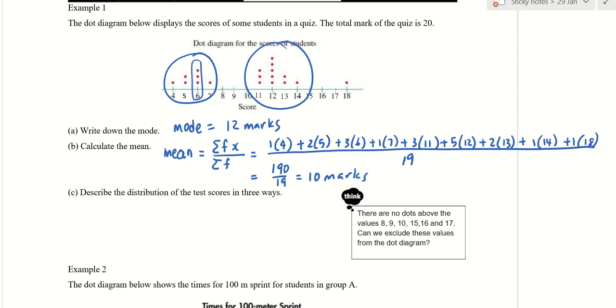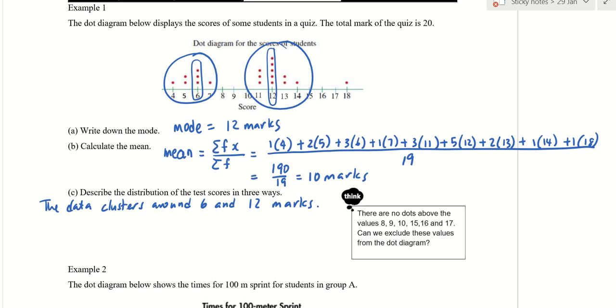Somewhere in the center, we have a mode, so that is 6. Somewhere over here in the center, we have a mode of 12. So our first description, the data clusters around 6 and 12 marks.